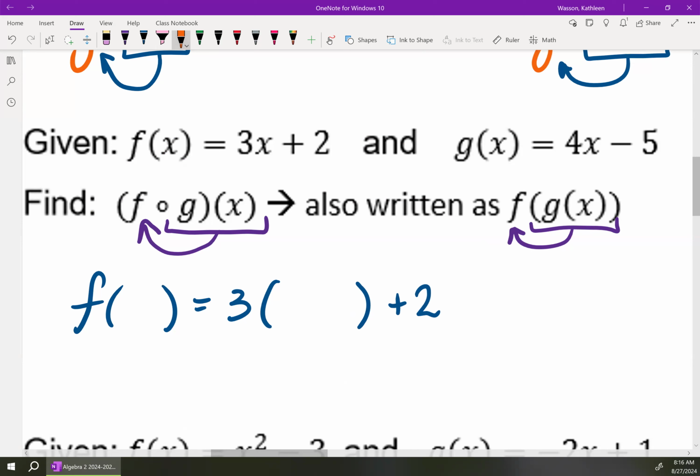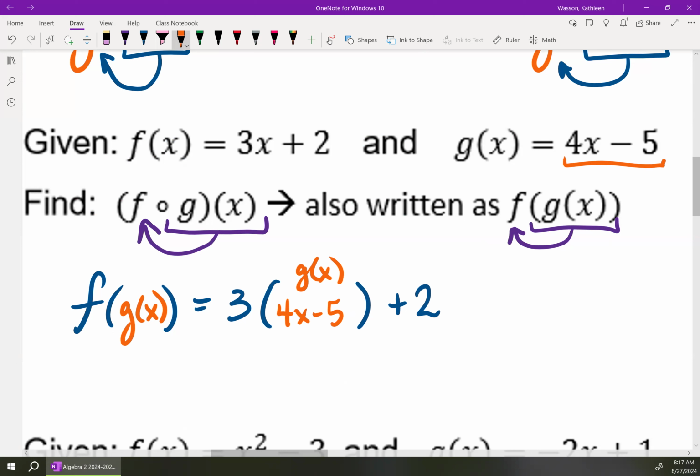And I intend to substitute g of x into the f function. So I put g of x here also, and g of x is 4x minus 5. So I will put 4x minus 5 into the f function.